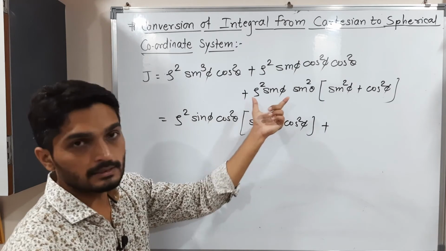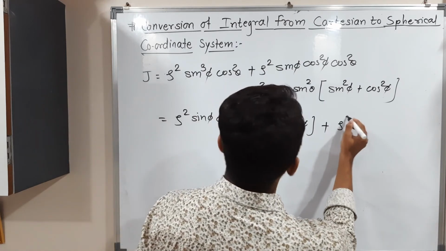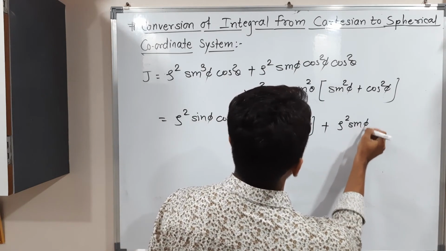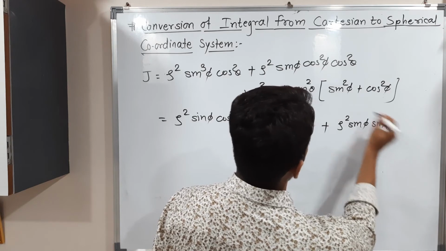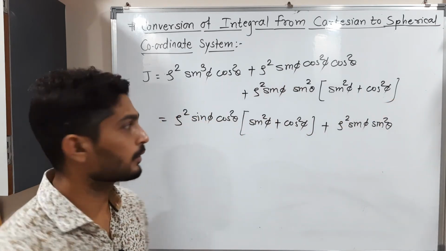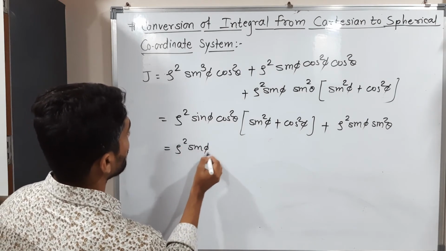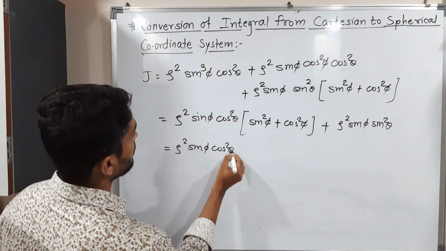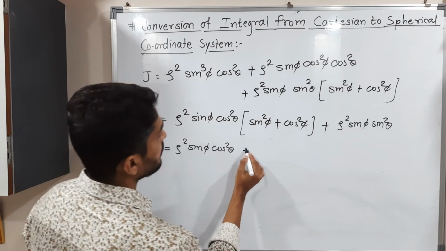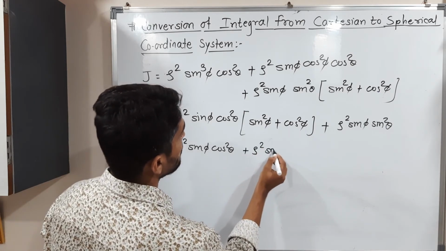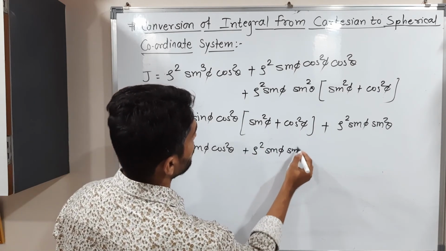Plus, let us discuss the third term: rho square sin phi sin square theta. Its value is 1. So this is equal to rho square sin phi cos square theta, its value is also 1, plus rho square sin phi sin square theta.